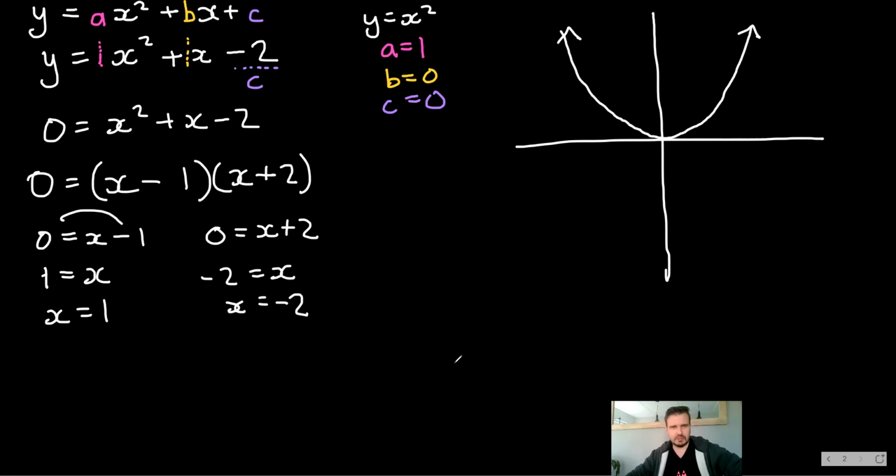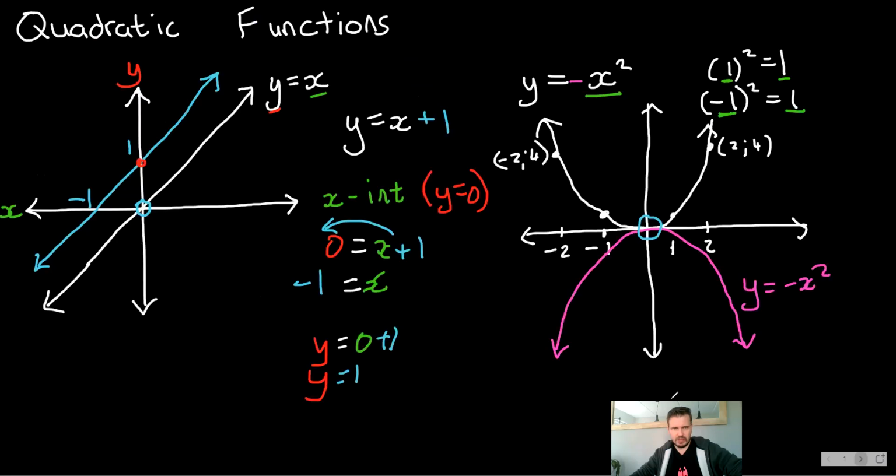Okay. So this tells us that our x-intercepts are 1 and -2. So -2 and 1. And what it also tells us, if we wanted our y-intercept, we make x equal to 0, right? We're doing the y in red.